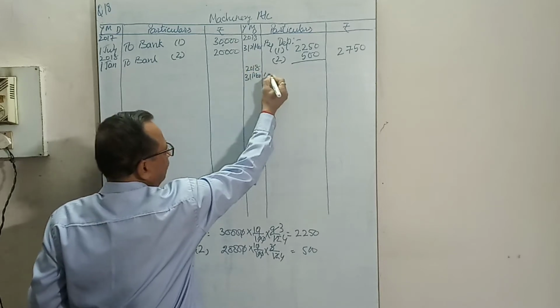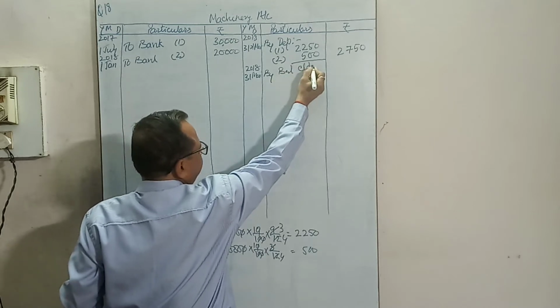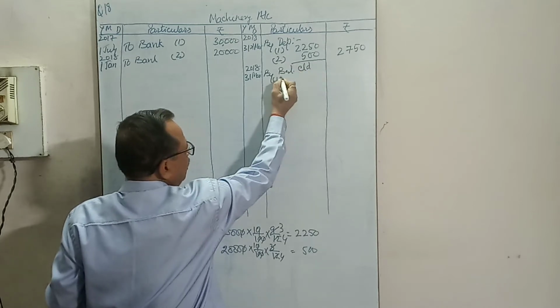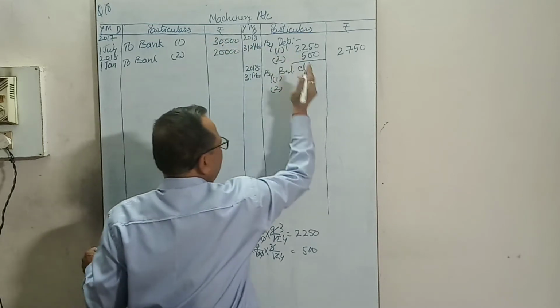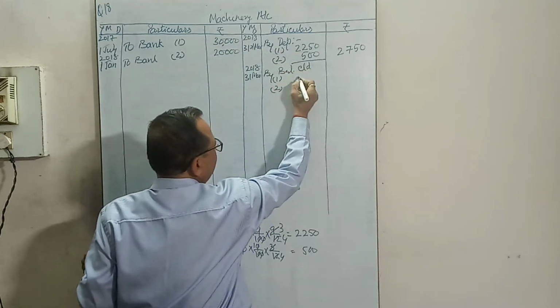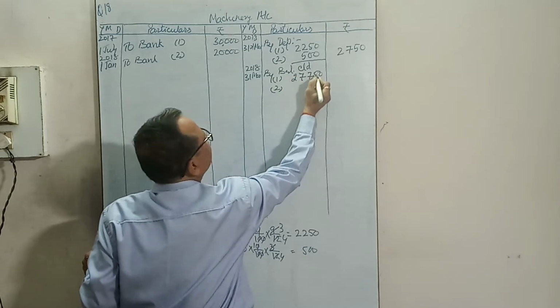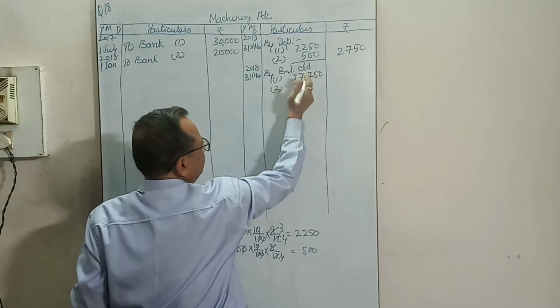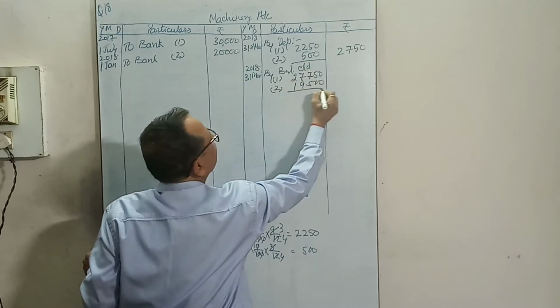Now on the same date, 31st March 2018, by balance carried down, machine number 1, machine number 2. From this amount you have to deduct this amount of depreciation. This is 27,750, and from 20,000 minus 500, 19,500.